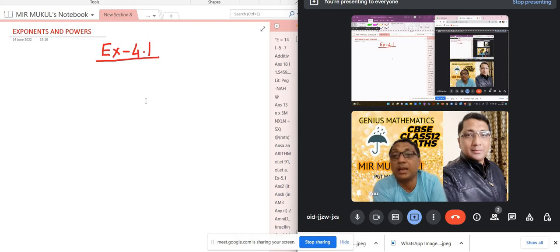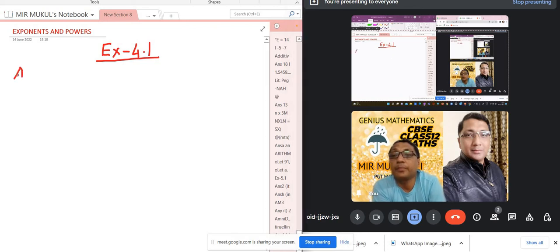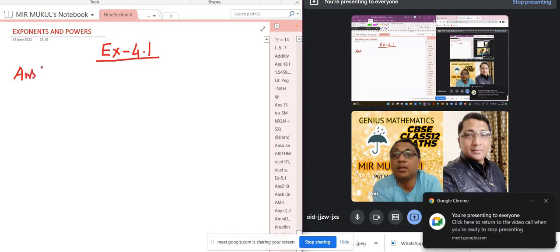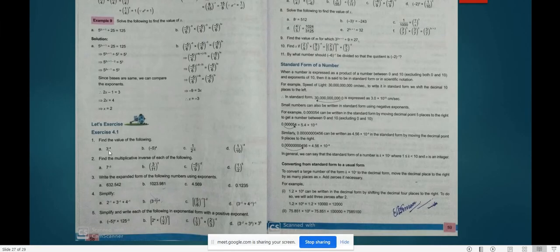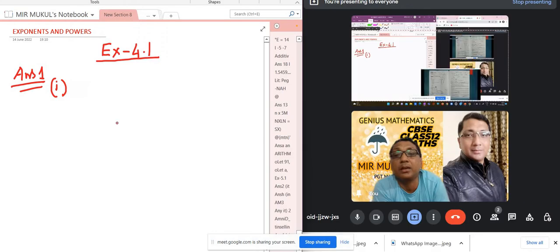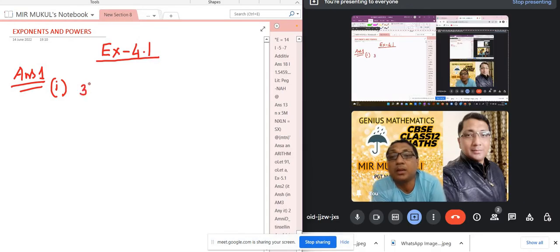So start exercise 4.1, answer 1. The first question is 3 to the power minus 4. Find the value of the following. Its value we have to find. 3 to the power minus 4.